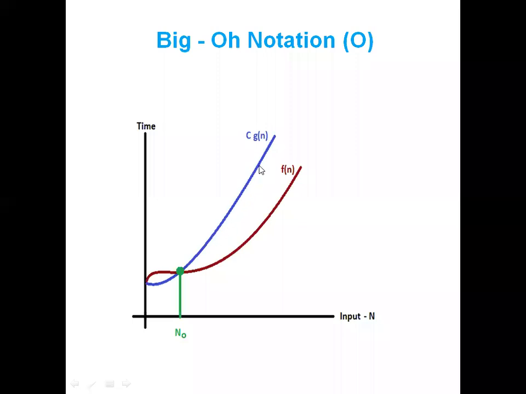It will be like this, but it gives like this. It gives like this, and that's why it is the worst case.